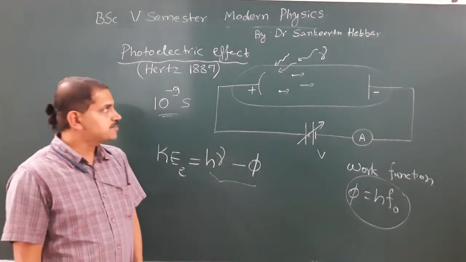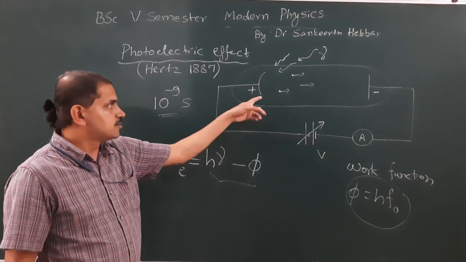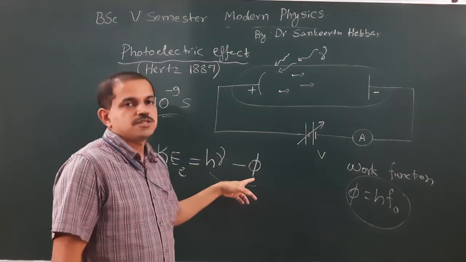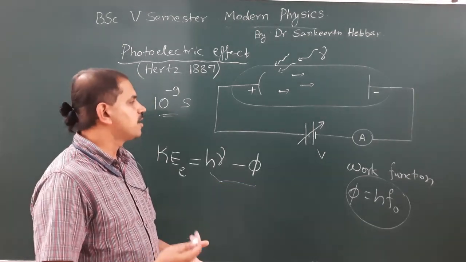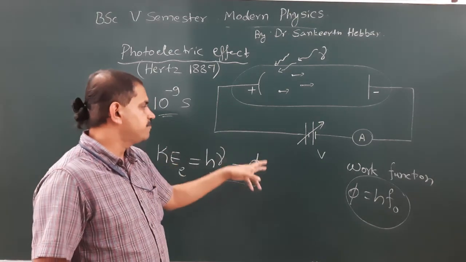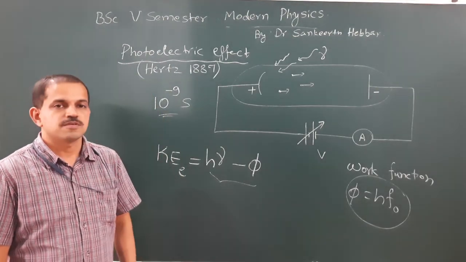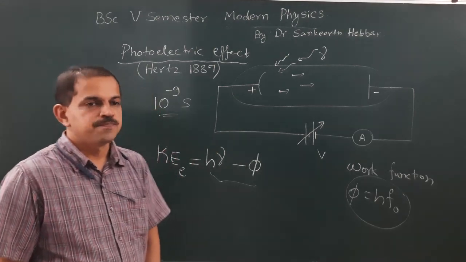Another important aspect we observed is that the target metal is very essential. For different target metals, like cesium, cobalt, nickel, iron, aluminium, gold, silver, the work function is different. You can look up their work functions on Wikipedia or in your textbook.